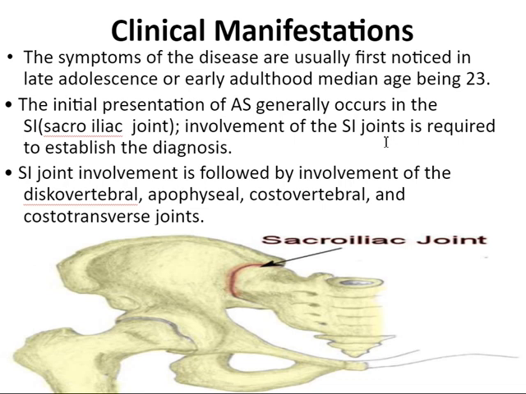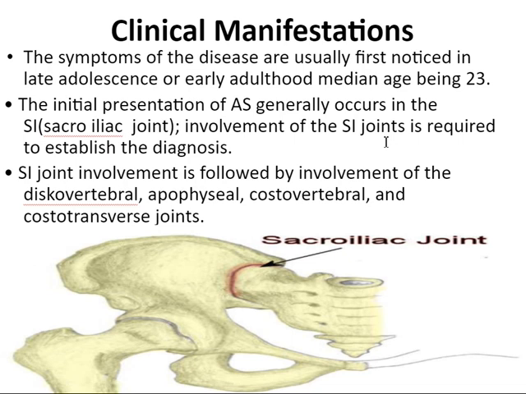Early morning stiffness lasting up to a few hours, and it improves with activity. Sometimes there will be nocturnal exacerbation of pain, and because of this the patient rises and moves around. He can't sleep properly because of this severe pain, which is aggravated at night. His sleep will be disturbed. He is forced to get up and move so that his pain is relieved. This is the classic presentation.